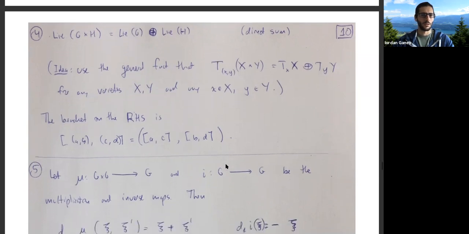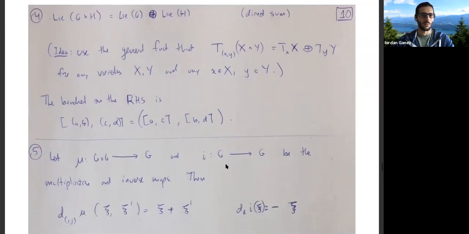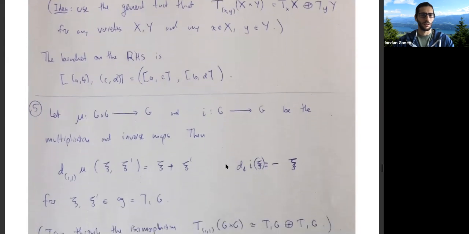Right. So related to this, let's think about the multiplication and the inverse map. These are two maps that we always have for a group. What do they do on the level of Lie algebras? If we think about the differential at the identity, multiplication would go from Lie algebra direct sum Lie algebra to Lie algebra.